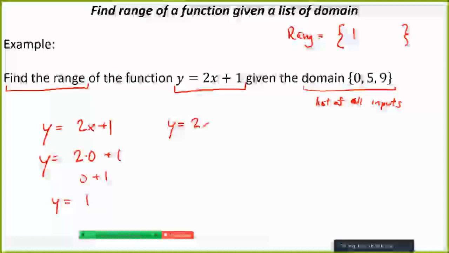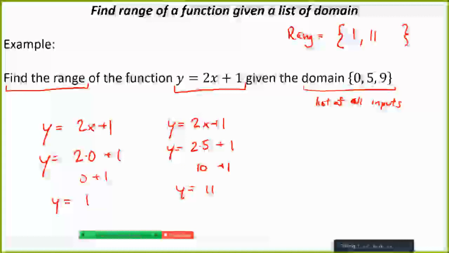Y equals 2x plus 1, and we plug in 5 for x. It's the same equation each time because this function is the whole equation. 2 times 5 is 10, plus 1 is 11. So when our input is 5, our range number, our output is 11.